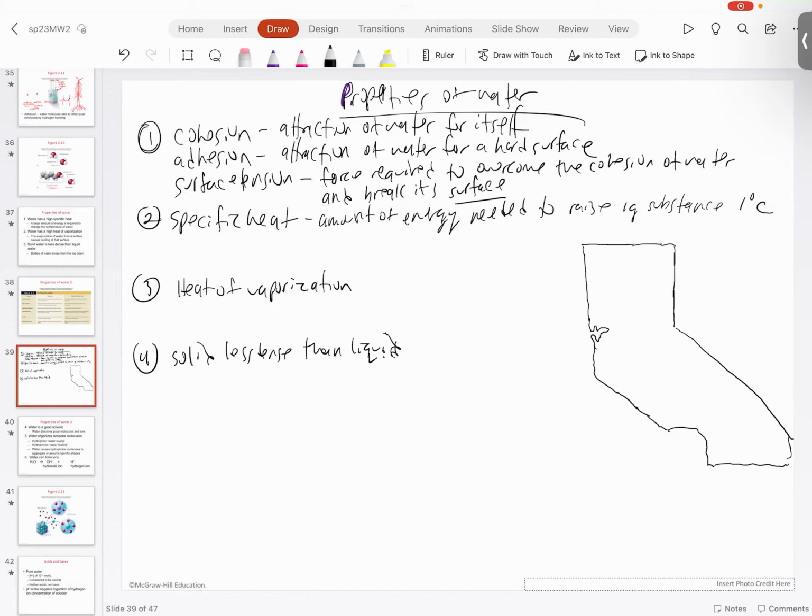For you geography fans, what was it? Yeah. My home state.